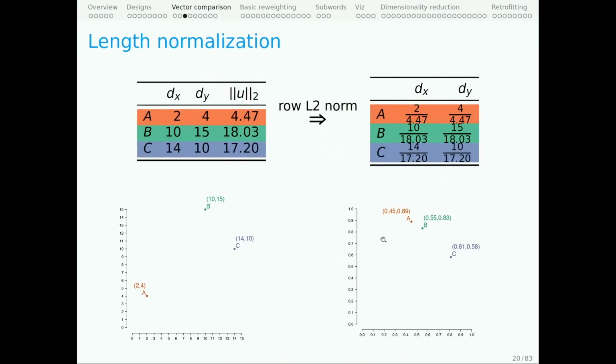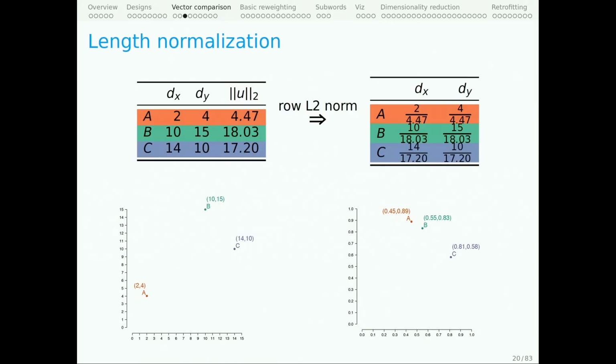Here's a look at how that happens. If I start with that original matrix, I put in this column the L2 lengths, and then to get the new matrix, you just divide every element by its corresponding row L2 length. Here's what happens to the space. That's the original one on the left, and when I length normalize, they all go up.